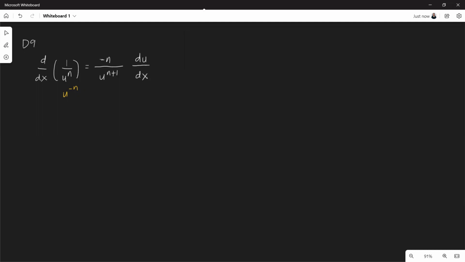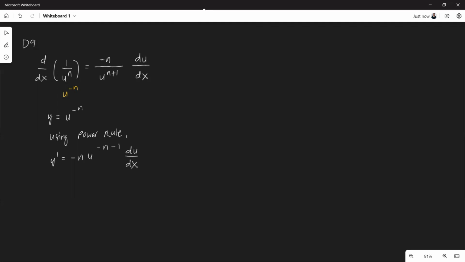So if we have our y as u raised to the power of -n, using the power rule, we have y prime is equal to -n. Now you copy the power, and then copy the base, and then the exponent will be reduced by 1, and then multiply it with the derivative of the base.